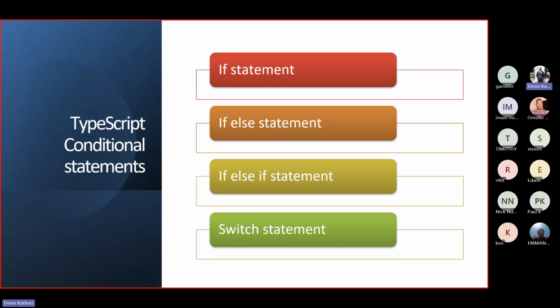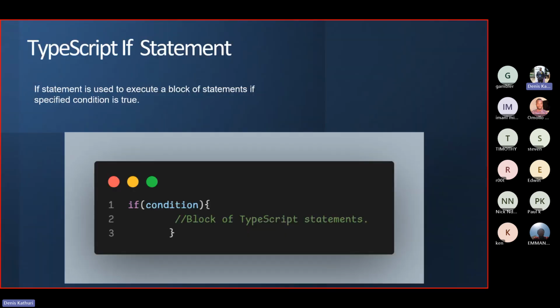Getting started with the first one, the if statement executes a block of code only if a condition is true. An example is checking whether the user meets requirements, maybe age verification.